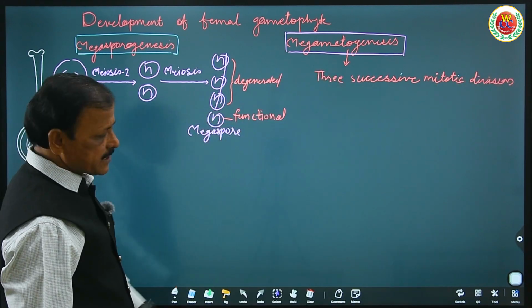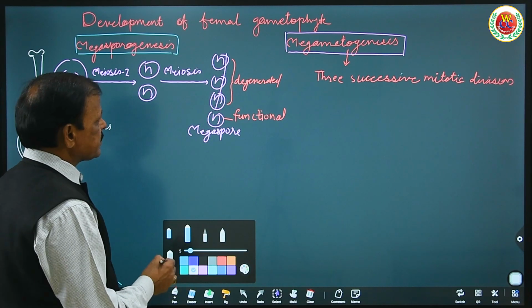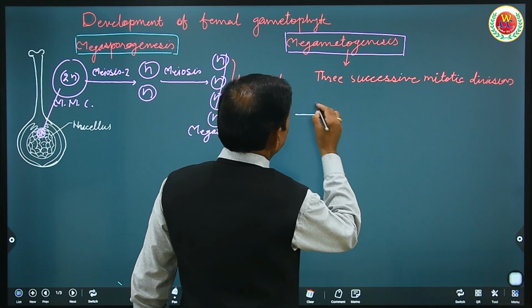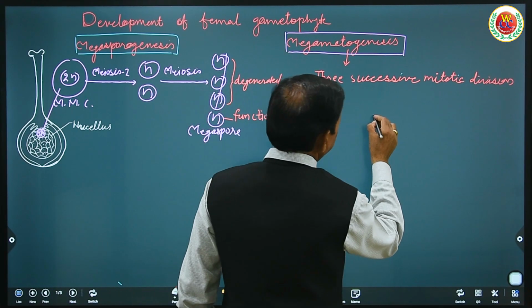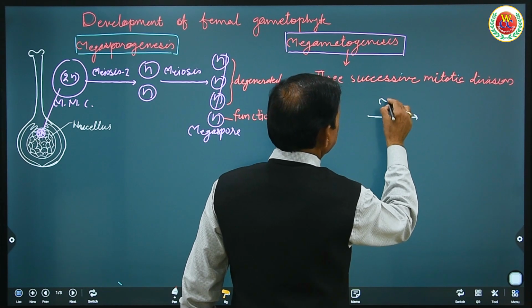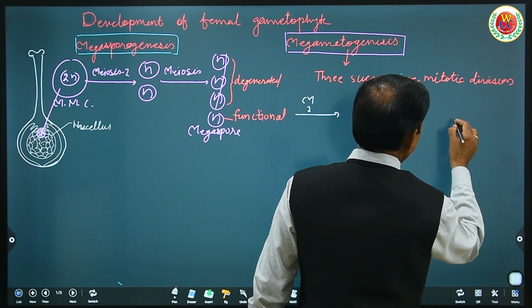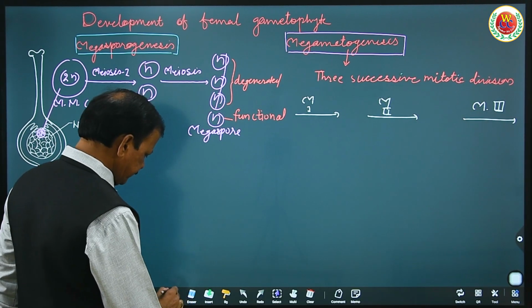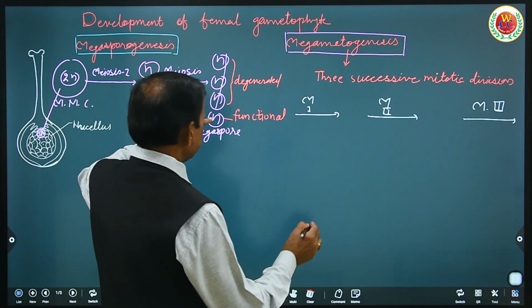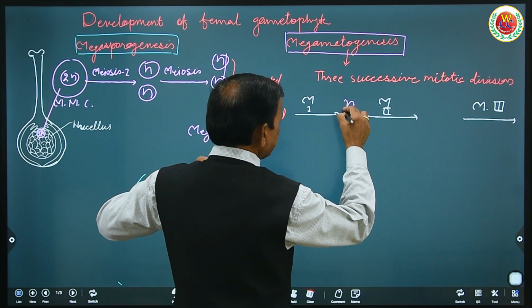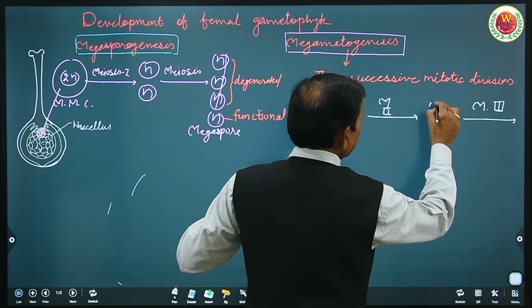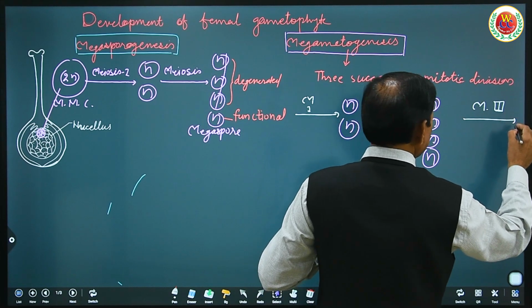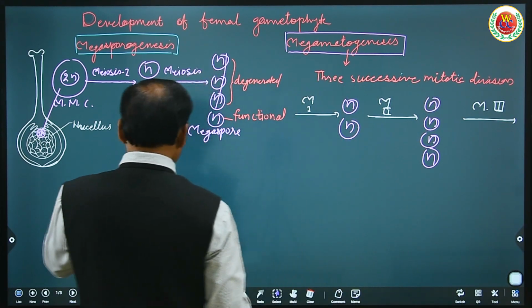Since it undergoes 3 successive mitotic divisions, each one that divides is mitosis 1, mitosis 2 and mitosis 3. Here this megaspore undergoes division, produces 2 cells, produces 4 cells, and after this I take this diagram here.